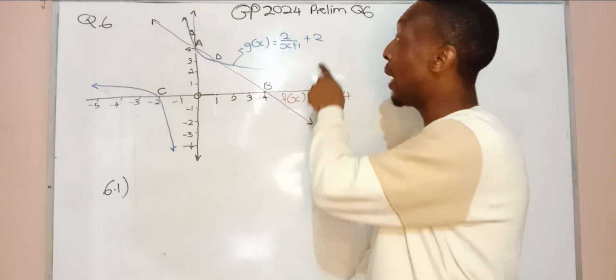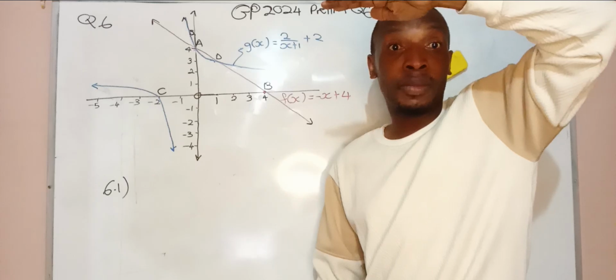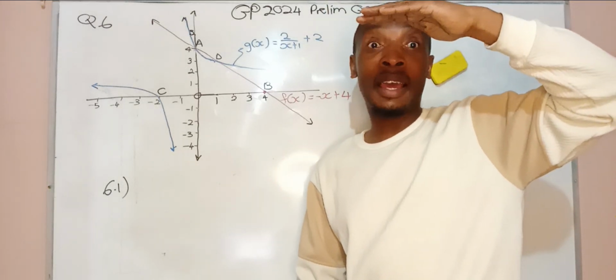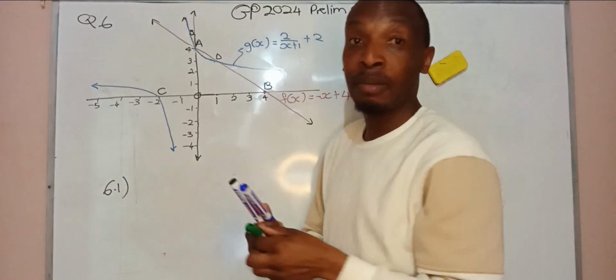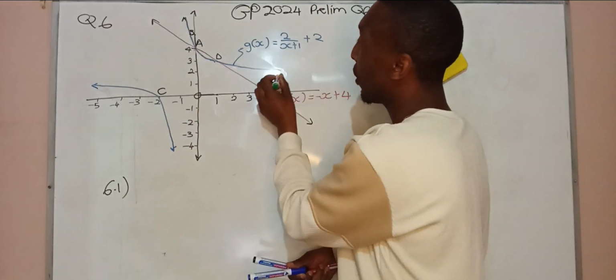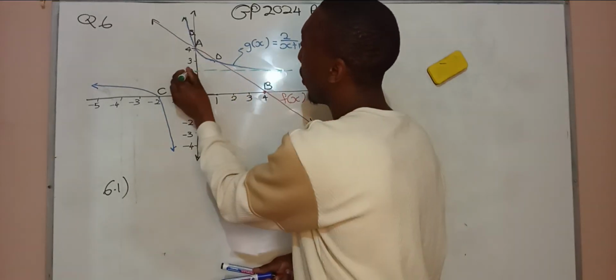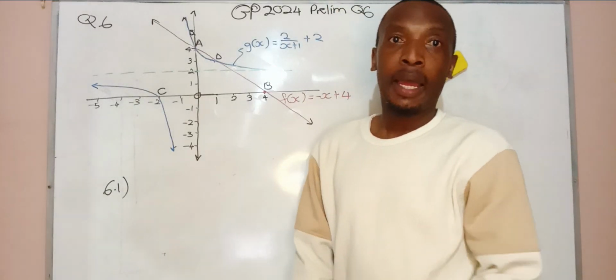Now, the moment you add a number here, it means that you're shifting the graph up, and it goes up together with its horizontal asymptote. So our horizontal asymptote is no longer the x-axis, but it is now 2. I'm going to draw it in green here. That's my horizontal asymptote.